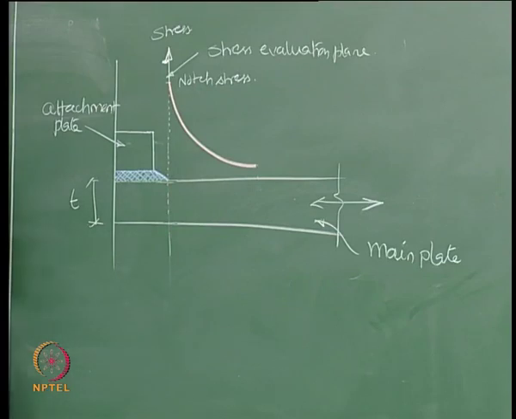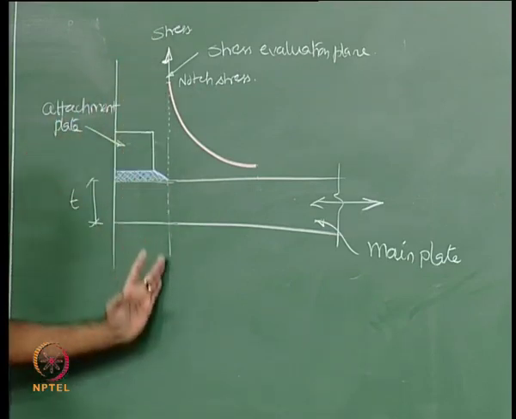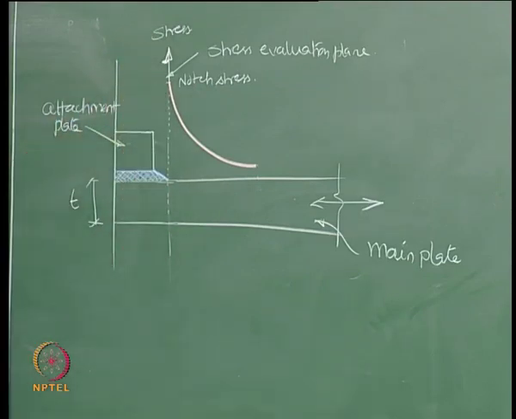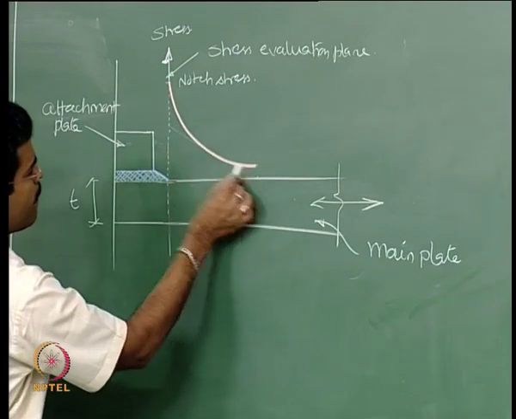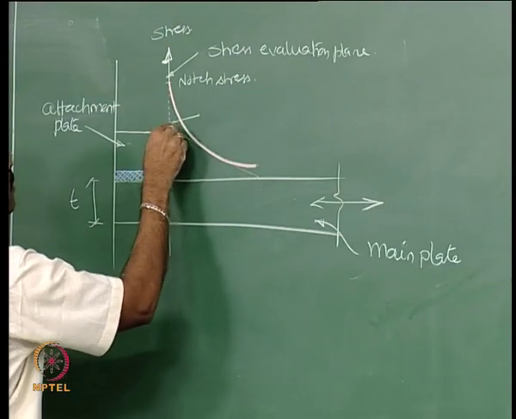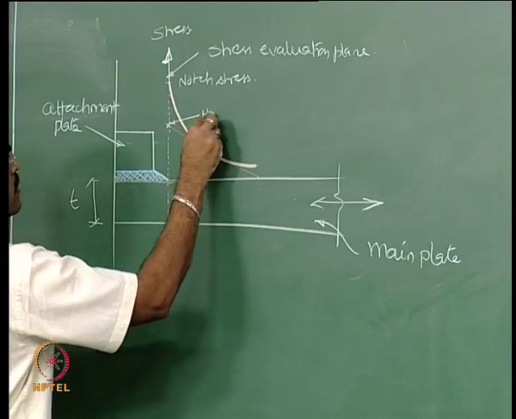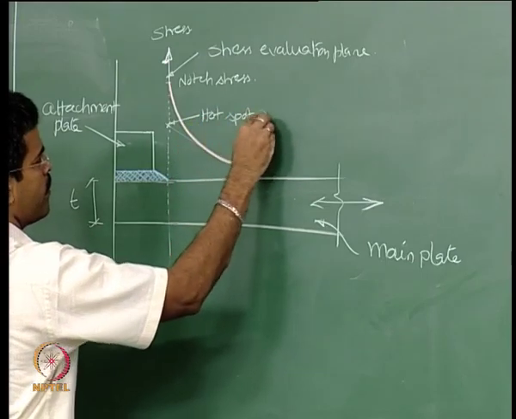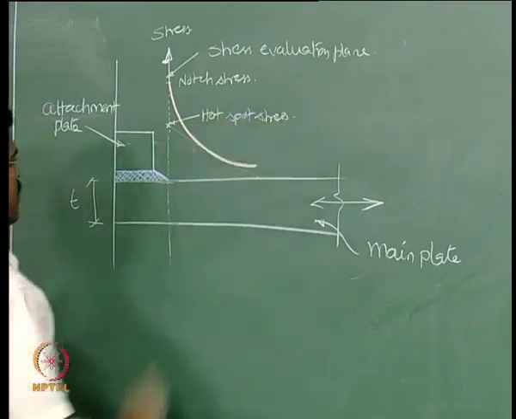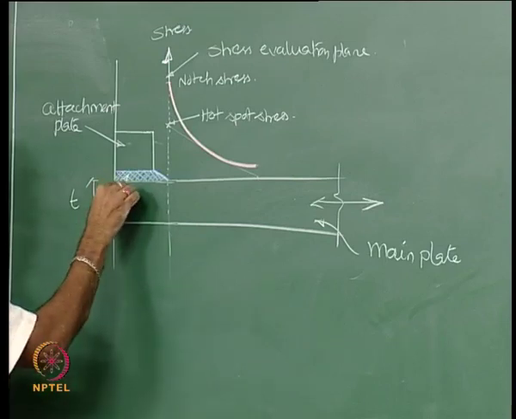Let us say this is the point which I call the notch stress. The notch stress will be maximum on the plane where I am measuring the stress evaluation. Then the stress keeps on reducing, and this is the point which we call the hotspot stress, and this is of course my fillet weld.